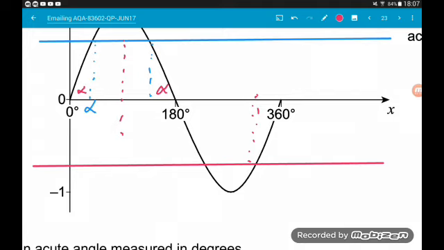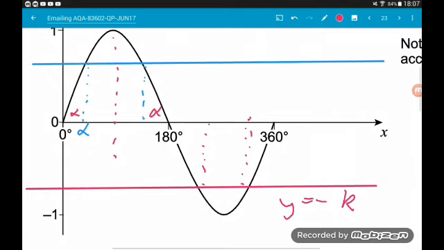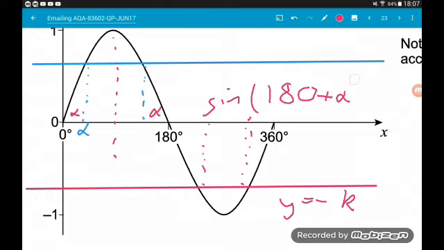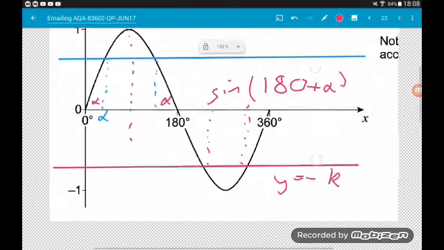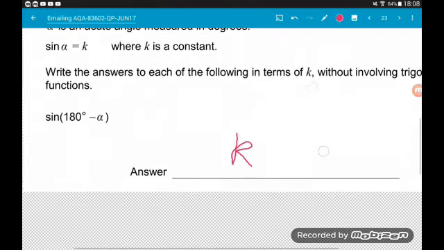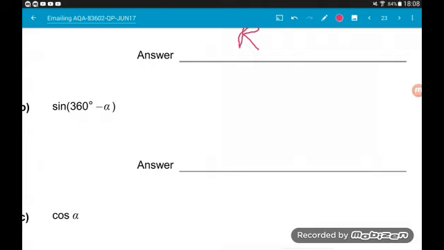So this is going to be y equals minus k. It would be the same, as a bit of bonus information, for sine of 180 plus alpha. That would also be minus k. So our answer to part B is minus k.